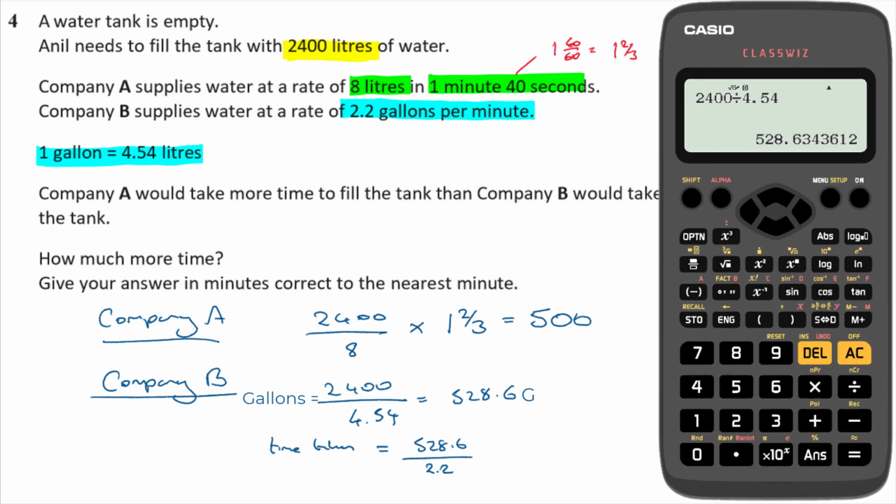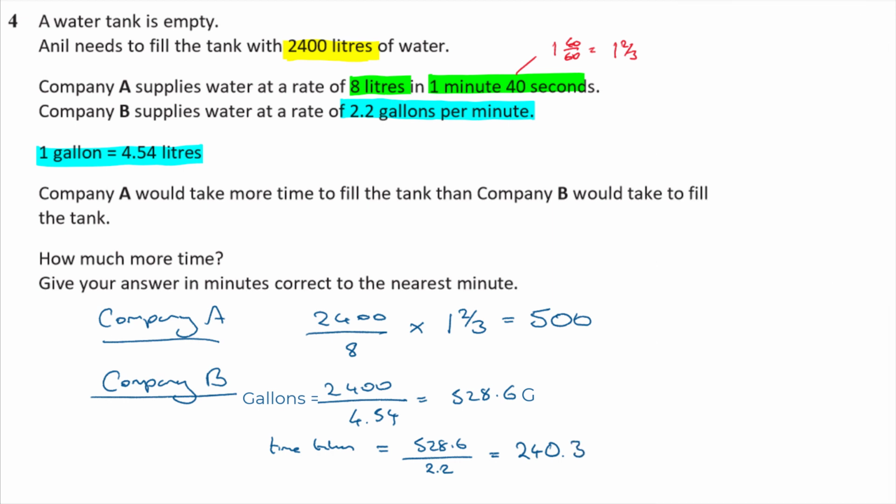So I just need to divide that number by 2.2. Okay, so that's 240.3 minutes, 240.28. I think I'll just round it off to 240.3 minutes at the moment.